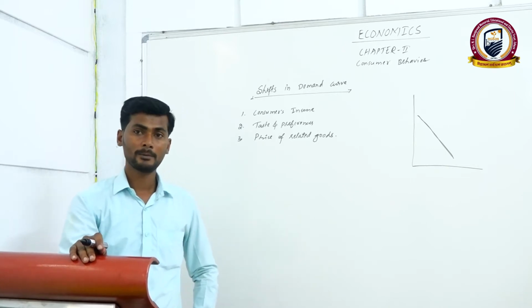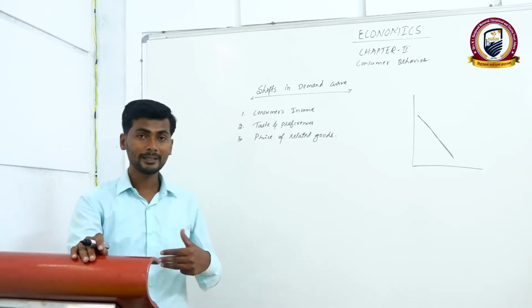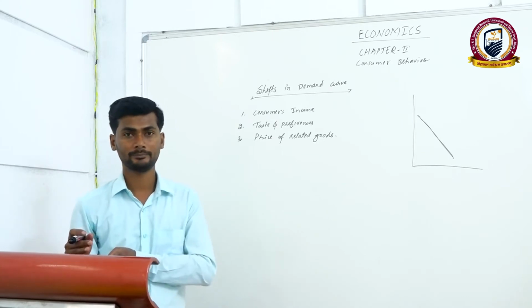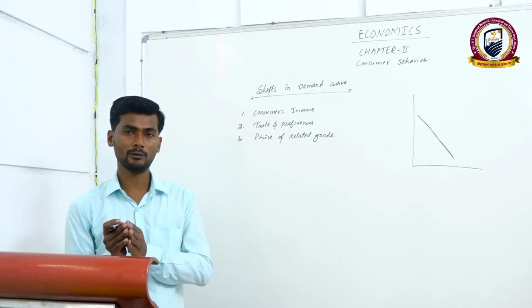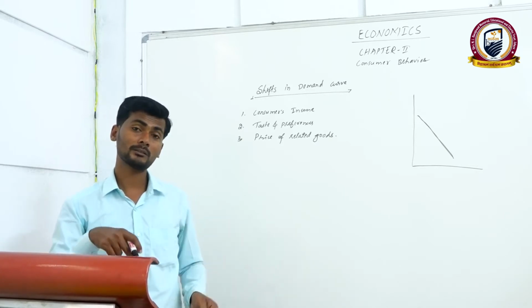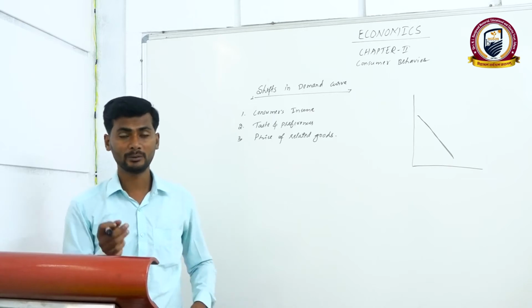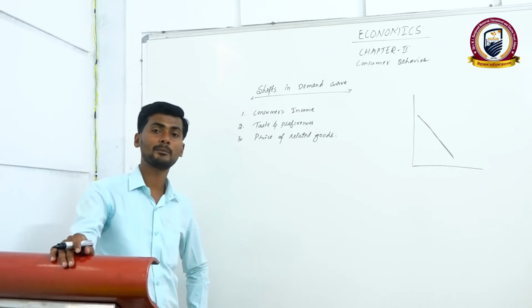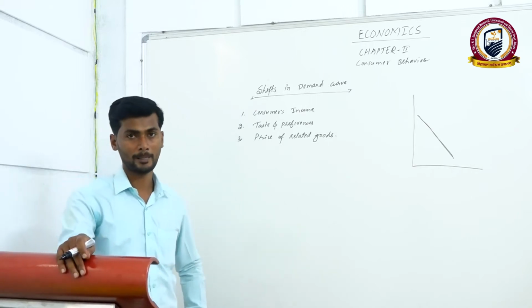The law of demand examines the relationship between price and demand. It does not concern itself with other factors which can influence the level of demand. It only takes price into consideration, since price is the major determinant of demand.